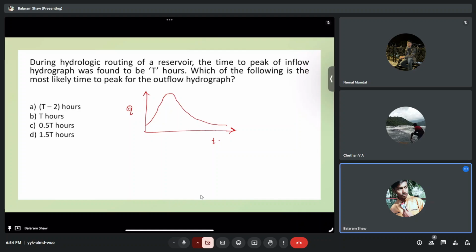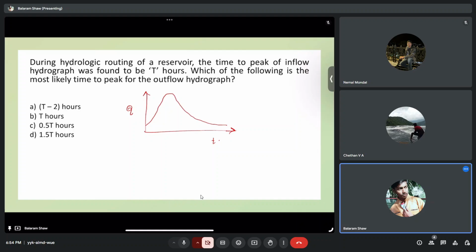And hence whatever time to peak there is for the inflow hydrograph, the time to peak for the outflow hydrograph will be more than that. And hence you see option A, that is T minus 2 hours, or T hours, or 0.5 T hours. All these are less than or equal to the time to peak for the inflow hydrograph, right?